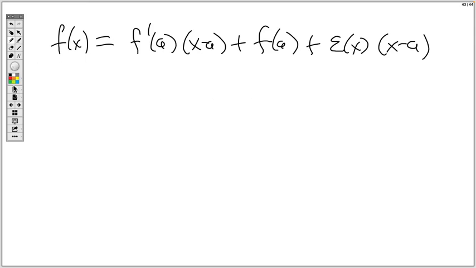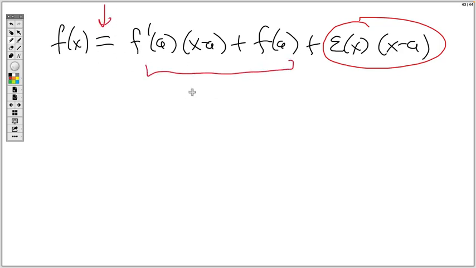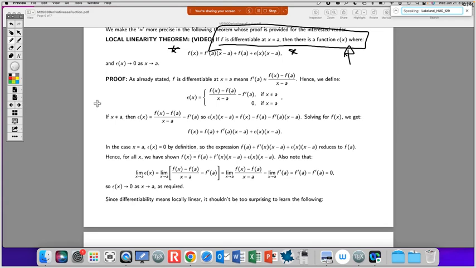So to be differentiable means locally linear, but it really means that you can write the function as the tangent line plus this error term. And what is this error term? Well, the error term is essentially the difference between the slope of the secant line and the slope of the tangent line.